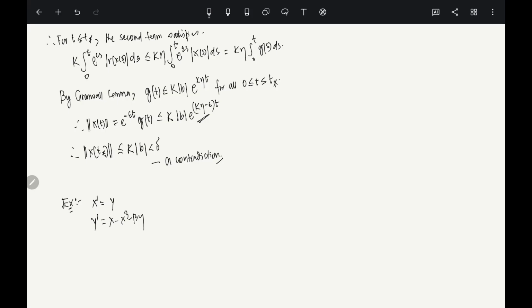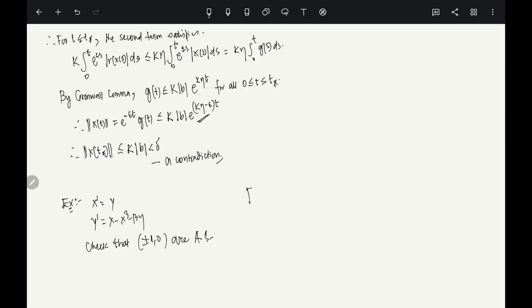What we need to do is check that plus minus 1, 0 are asymptotically stable, so the system is asymptotically stable near these points. Please check this.